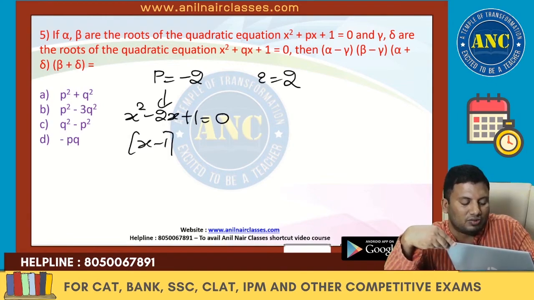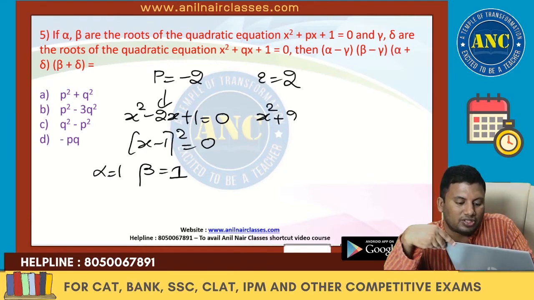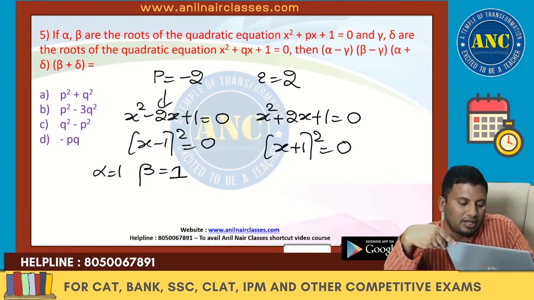X minus 1 whole square equivalent to 0. Alpha is 1, beta is 1. Q is 2. X square plus 2x plus 1 equivalent to 0. X plus 1 whole square equivalent to 0. That means gamma is minus 1, delta is minus 1.